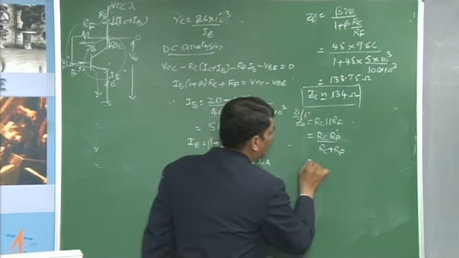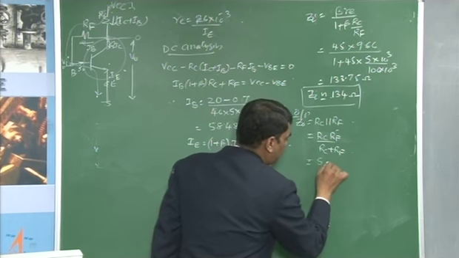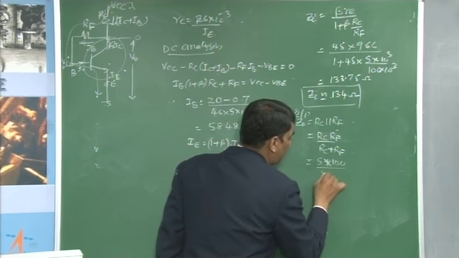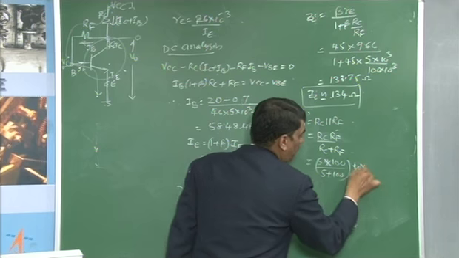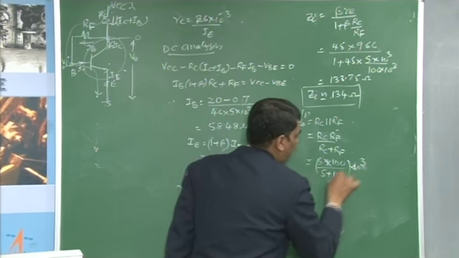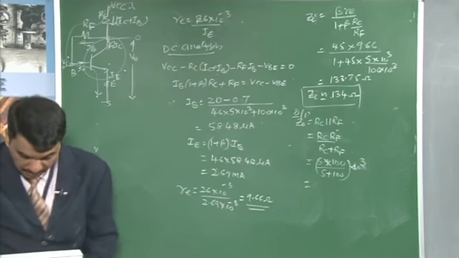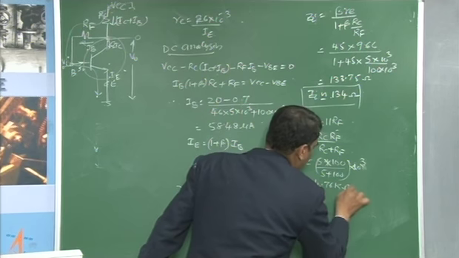This is 5 into 100 divided by 5 plus 100, into 10 to the power of 3. This value is less than 5 kilo ohms, approximately equal to 4.76 kilo ohms.